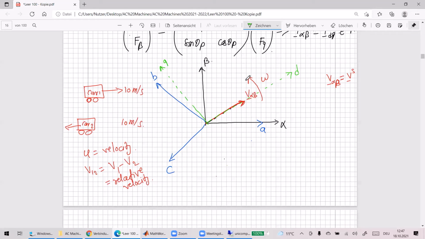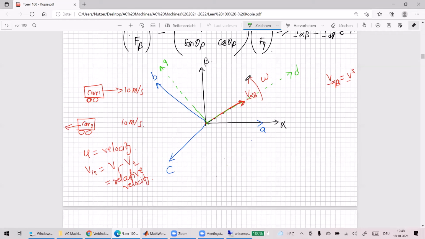So the vector is rotating with omega speed, and we also rotate with omega speed in the same direction. So it means we just don't see omega. There is no omega. So when there is no omega, what do we call the quantity? DC, right? There is no omega, it means we are getting the DC quantity.